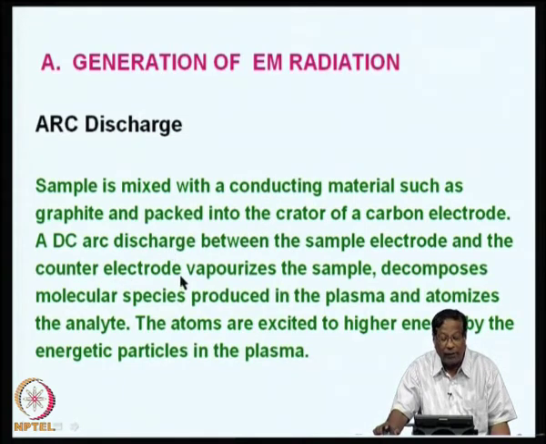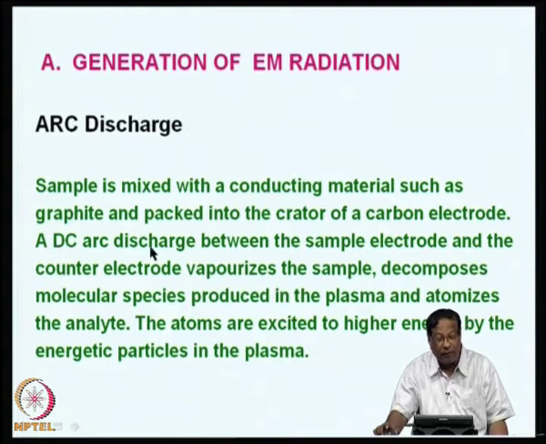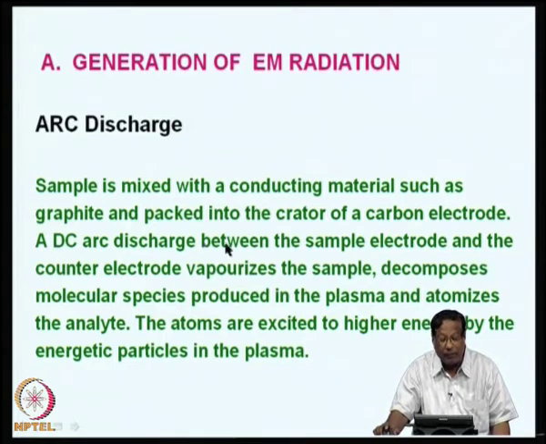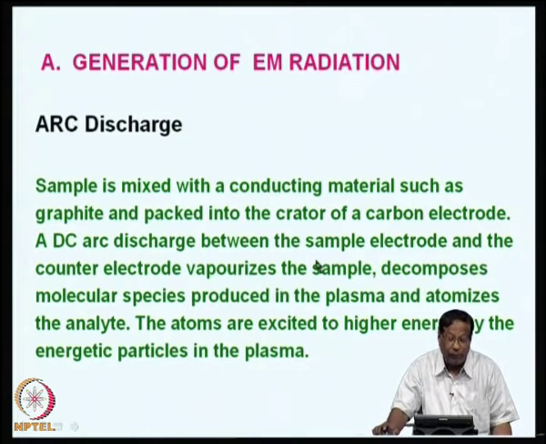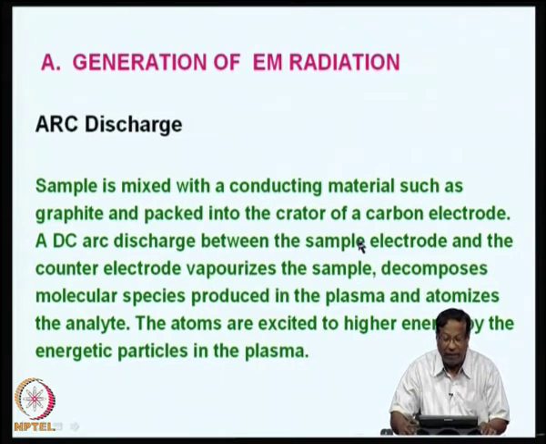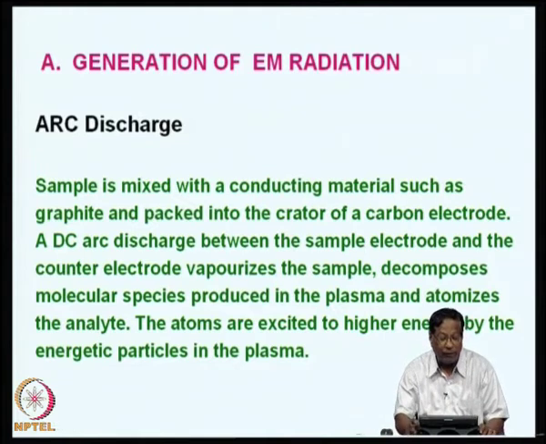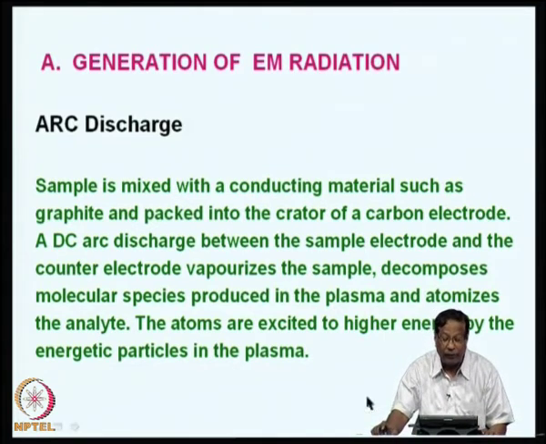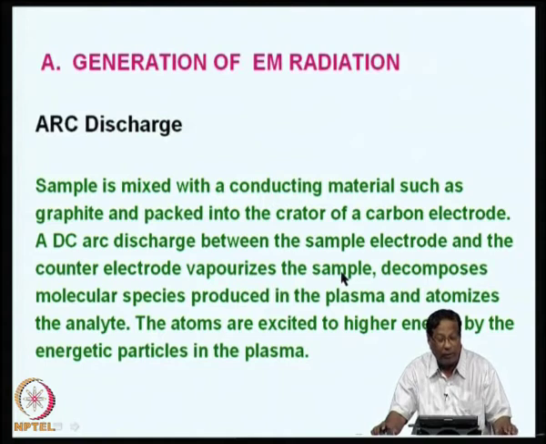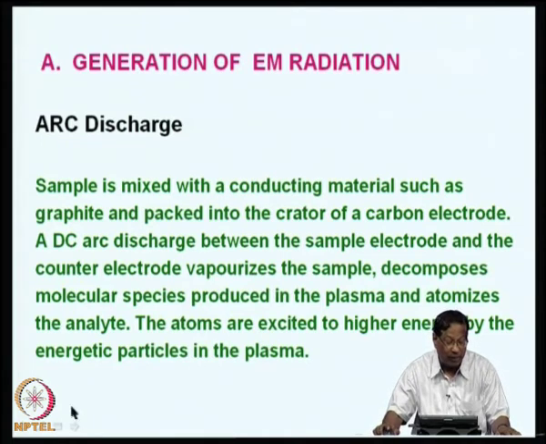With the counter electrode, a DC arc discharge takes place between the sample electrode and the counter electrode. It vaporizes the sample, decomposes the molecular species produced in the plasma and atomizes the analyte. The atoms are as usual excited to higher energy by the energetic particles in the plasma.